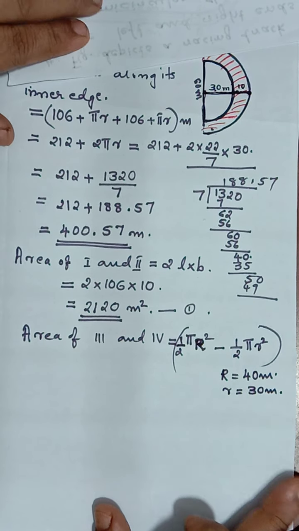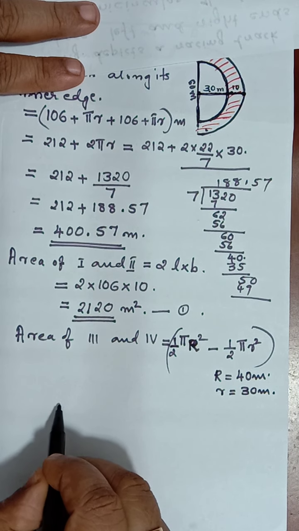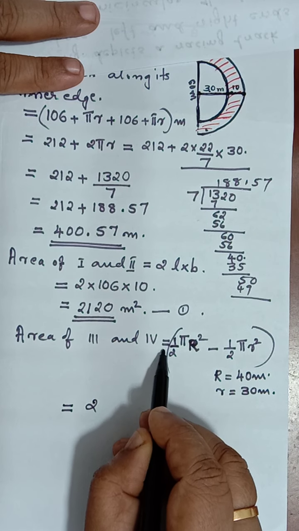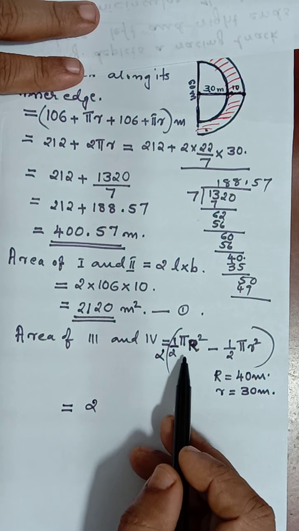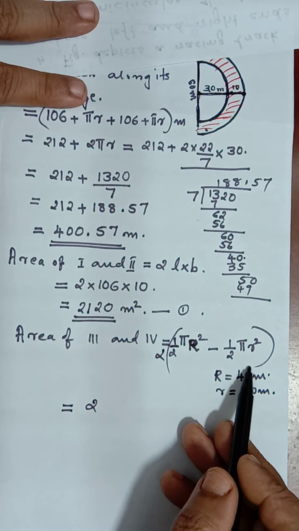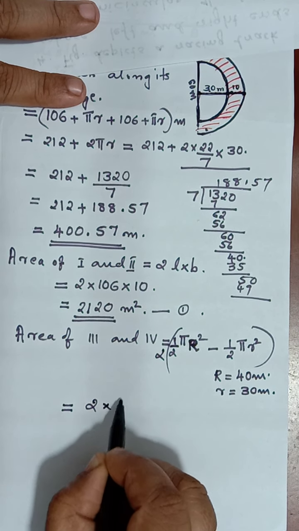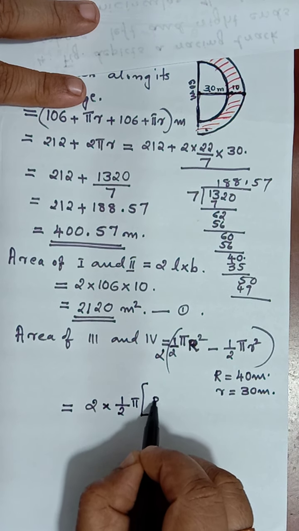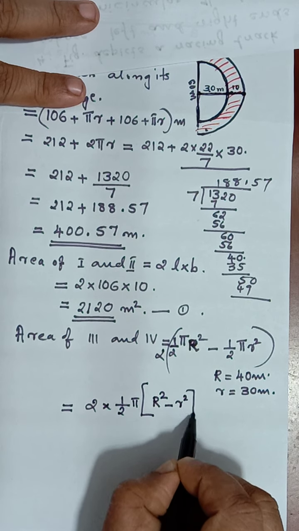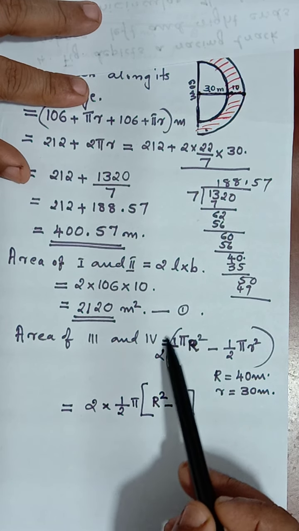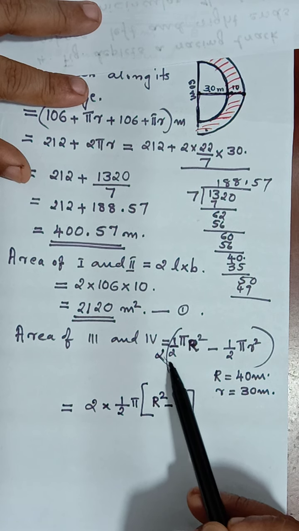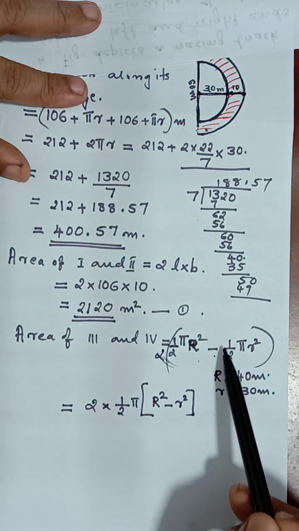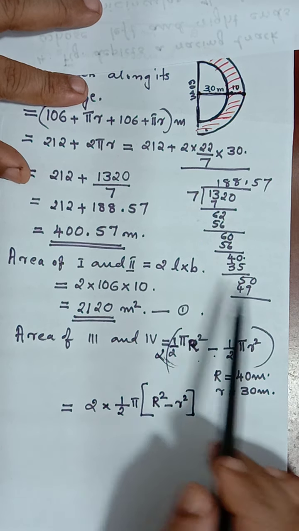We have 2 semicircular portions, so this is 2 times half of pi R square minus half of pi r square. Once more I will explain: half pi r square for the outer bigger semicircle minus the inner smaller semicircle. The difference will be the shaded area.